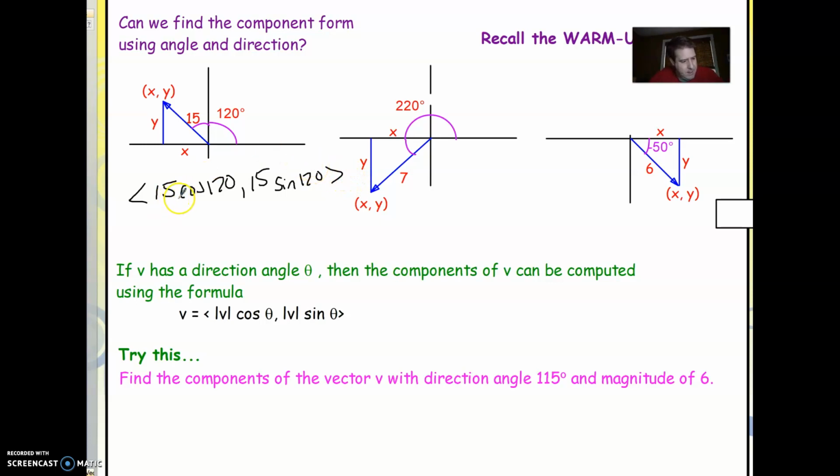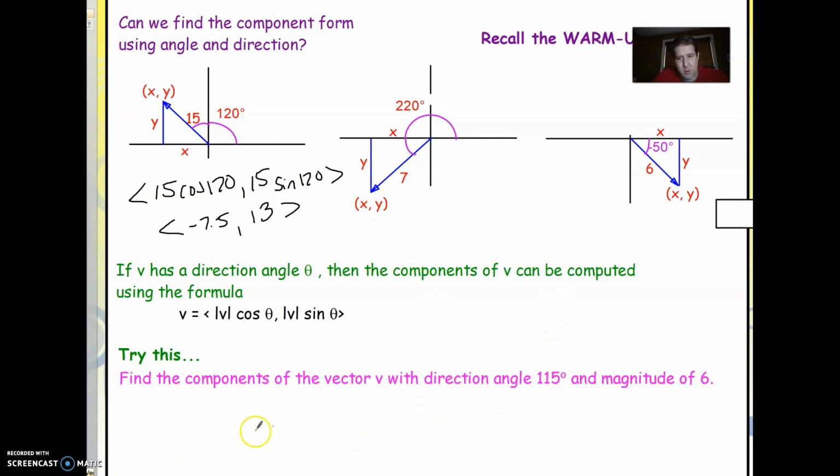So 15 times cosine of 120 gives me negative 7.5. Make sure I'm in degrees. And 15 times sine of 120 is going to give me 12.99, which I'm just going to say is the same thing as 13. So there's my component form. That's the component form of that question.